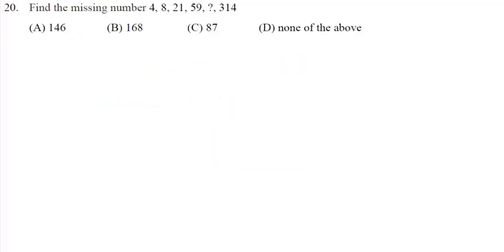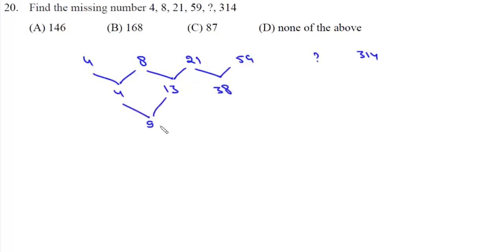Now question number 20 is, find the missing number: 4, 8, 21, 59, missing number and 314. So we have 4, 8, 21, 59, missing number and 314. Now the difference between 4 and 8 is 4. Here the difference is 13. This difference is 38. Now this is 9. This is 25.